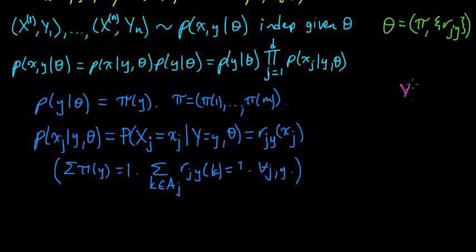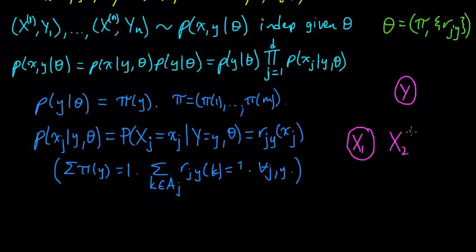We've got our y, and x. That x is just a vector of these different coordinates. So x1, maybe there's just 3 of them to keep things simple, x2 and x3.